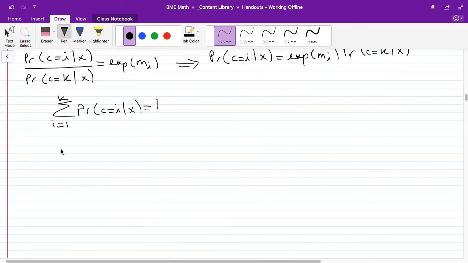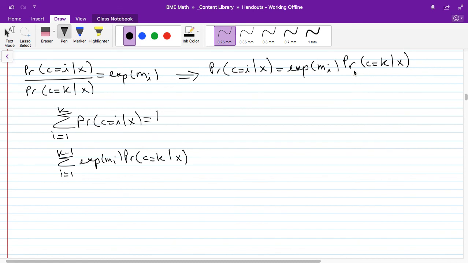So what this means is that the sum of i equal to 1 to k minus 1 of this, which is the exponential of m_i times probability of C equal to k given x, right? This equation here, I'm just writing it down here. So this is from i to k minus 1, plus the probability of it being class k given x, that's equal to 1.